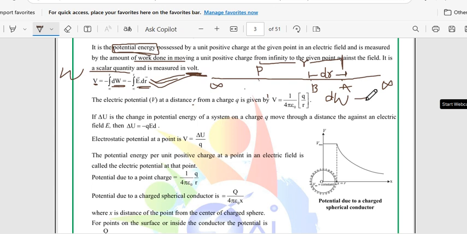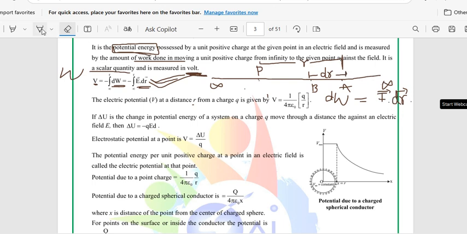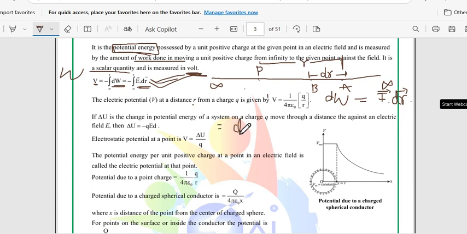The work done dW for moving the charge from A to B is equal to F into dr. Here the angle is 180 degrees, so dW is equal to F into dr into cos 180 degrees.